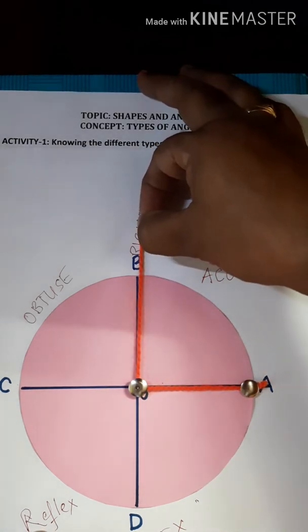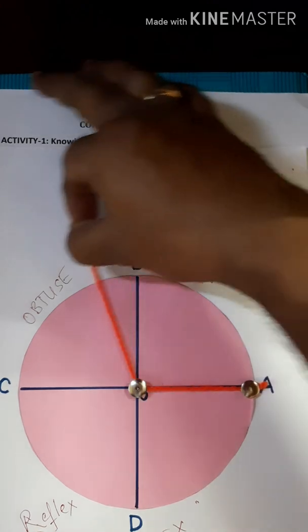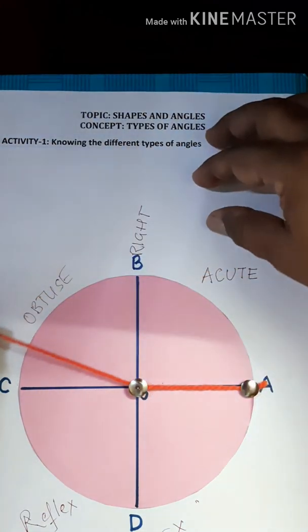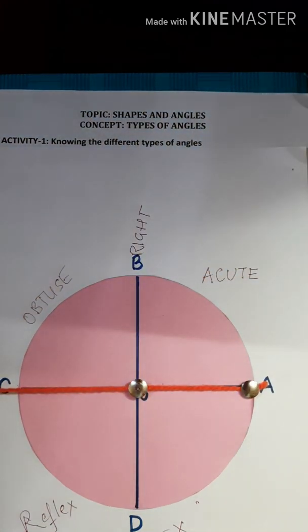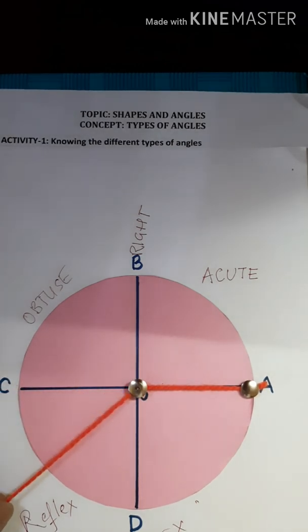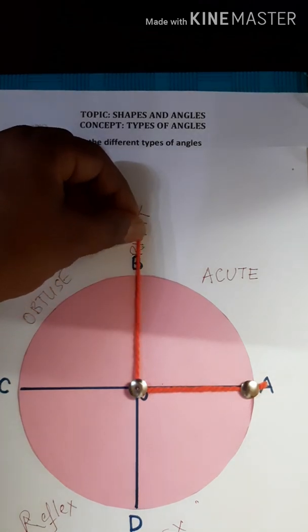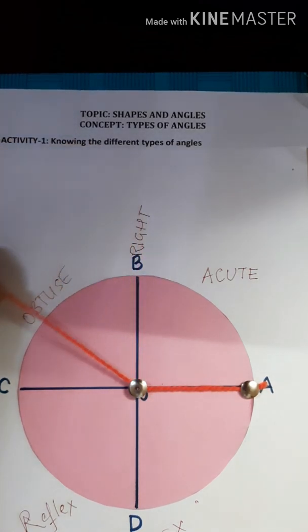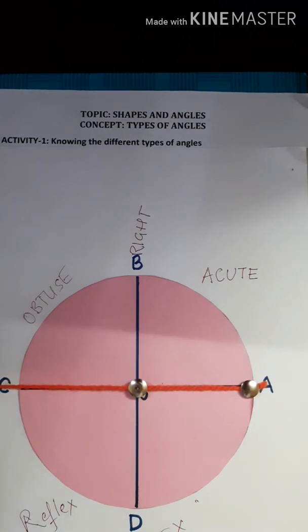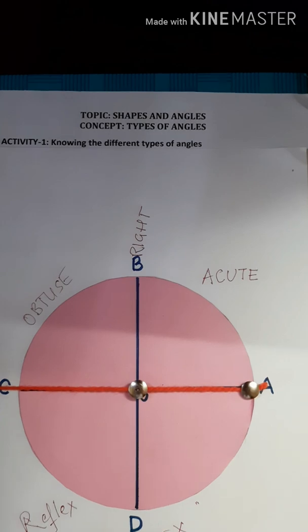An obtuse angle ranges from 90 degrees to 180 degrees. And if it exceeds 180 degrees, it is called a reflex angle. The angle which is exactly equal to 90 degrees is called a right angle. An angle which is exactly equal to 180 degrees is called a straight angle.